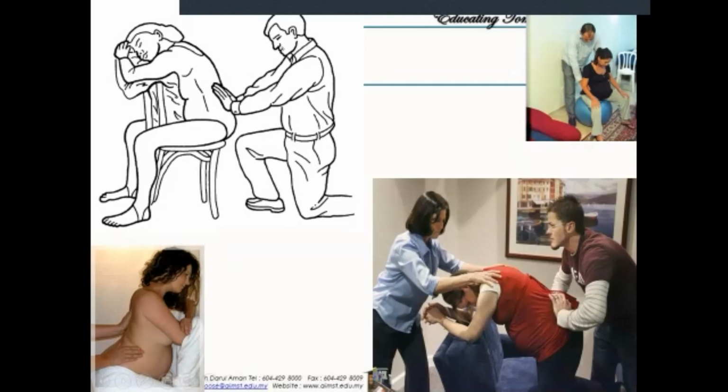Then you will teach what will happen in the cesarean delivery. Then you can also teach them breastfeeding technique. Okay, so that is in the fifth week. Then in the sixth week, you will be teaching about the postnatal exercises. Okay, so let me just show you some of the videos regarding the breathing and the antenatal classes.